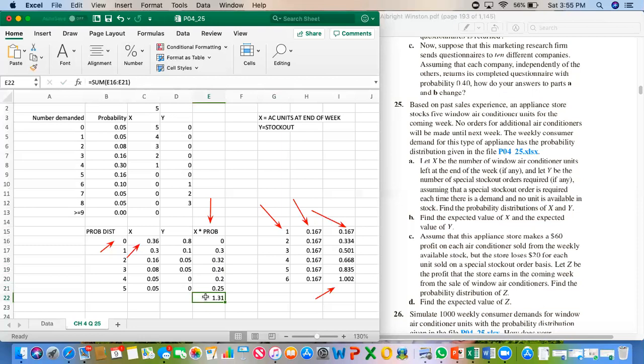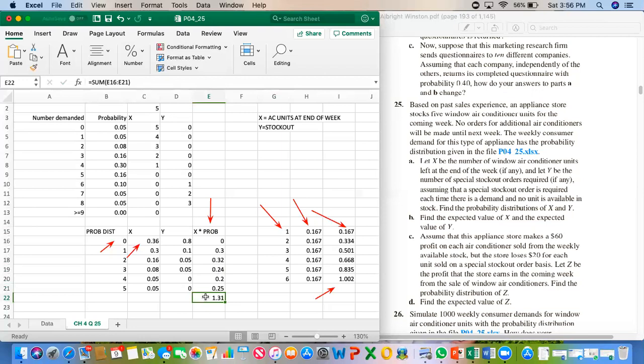That we have 1 left over. Correct. And the demand is 4. Correct. And the next one is 2. So look at what your average says: you're going to have about 1.3 left at the end of each week on average. That kind of makes sense, doesn't it? Oh, it coincides, yes. Exactly.